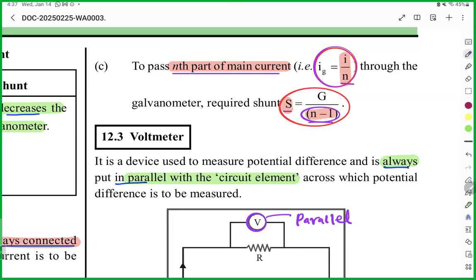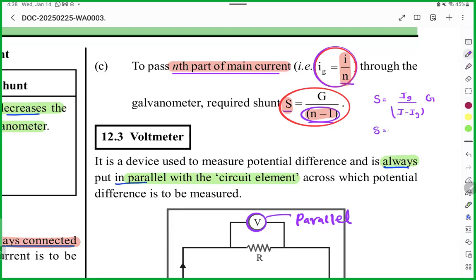Okay guys, any doubt? Because your current I is reducing, what was your S value? Ig goes through the galvanometer, I minus Ig through S, times G. Correct?